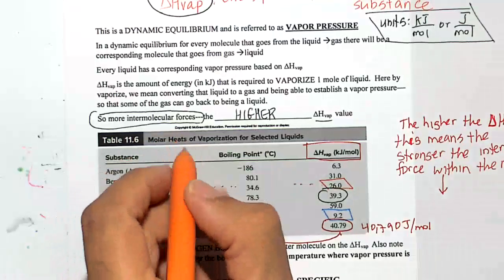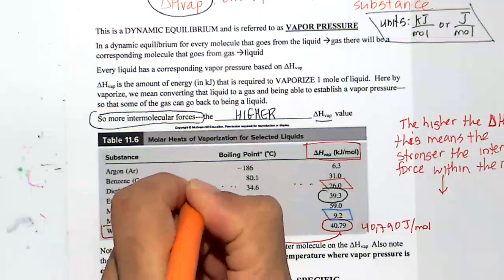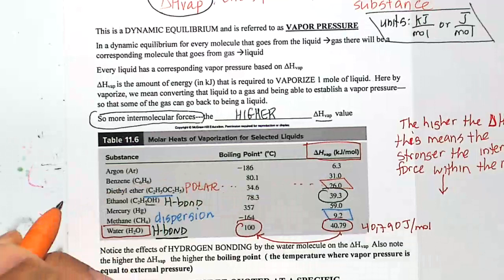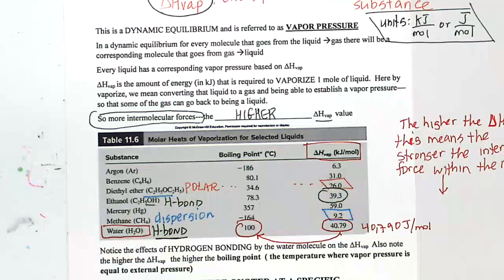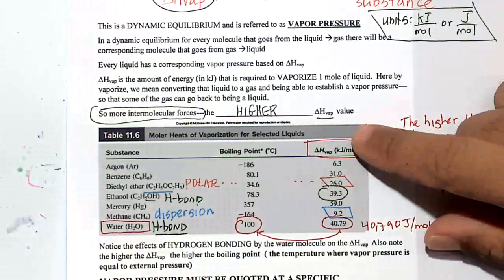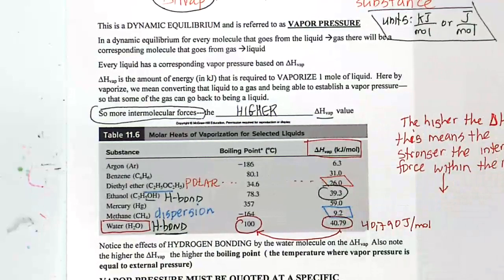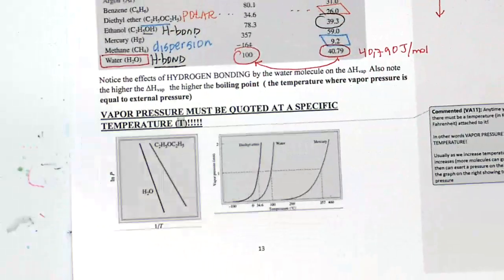What are ethers held together by? They're polar, so it's a little bit less than the hydrogen bonding one. So that's the delta H vaporization.